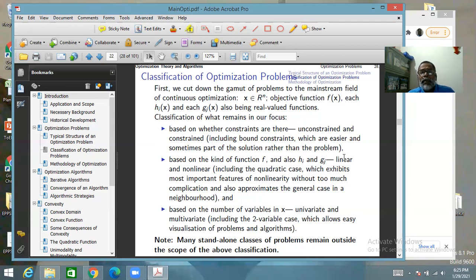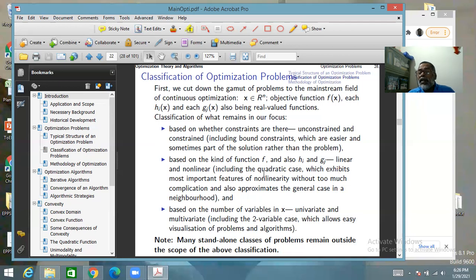And here also, between linear and nonlinear in general, there is a little sandwich area in which the objective function is quadratic. So that is relatively easier compared to general nonlinear problems.